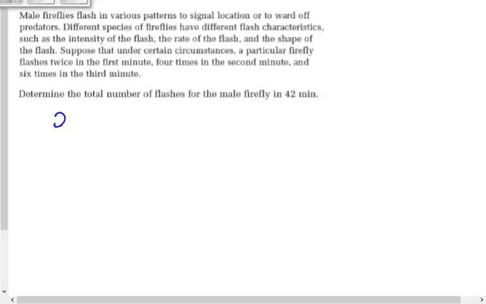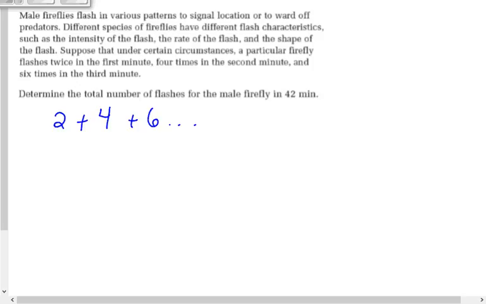So if we start off, we know that in the first minute it will flash 2 times, the second minute 4 times, the third minute 6 times, and it will continue. Okay, and we want to go all the way up until the 42nd minute and determine the total number of flashes.